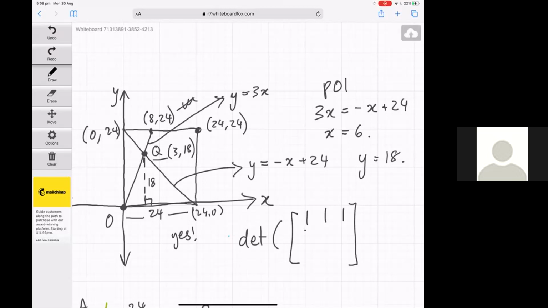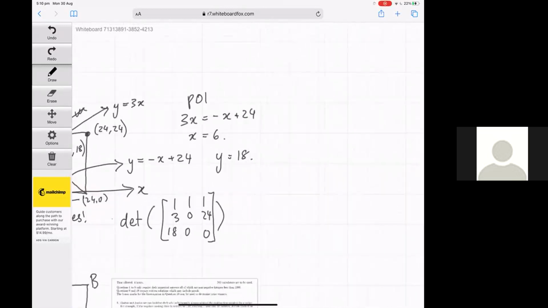So, the x values, and then the y values. Okay, so see if we can evaluate this. The formula is just expand about the first row.